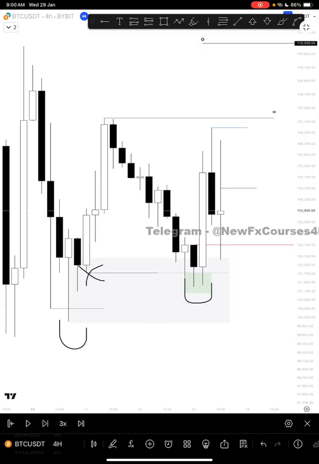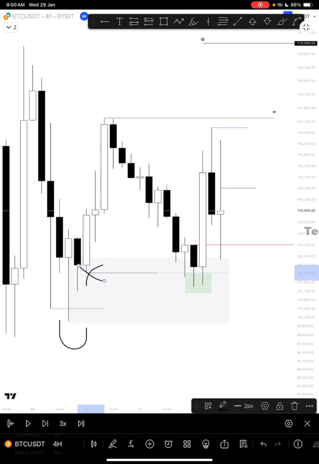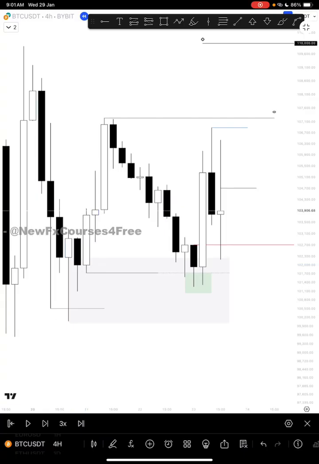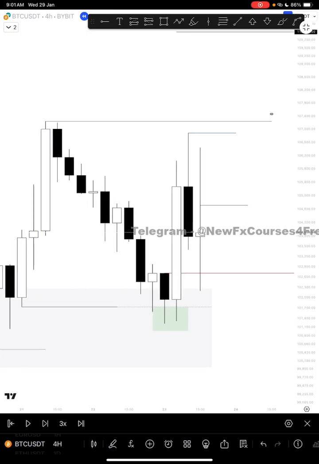So this is actually a nice turtle soup, and this is our order block which was created, and the market expanded and went down into our order block here, and after tapping on it we can see higher prices.